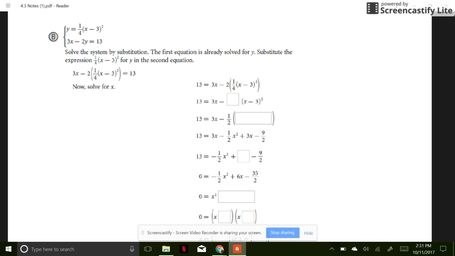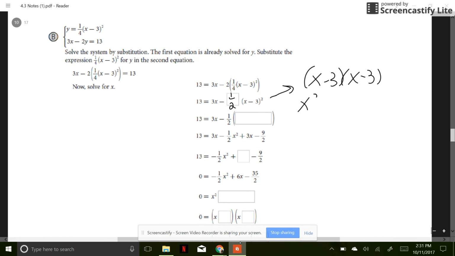So we have 13 is equal to 3x minus 2 times our value for y, 1/4 (x minus 3) squared. So as we multiply both of our pieces times 2, 2 times 1/4 would get us to 1/2. So from here, they expanded our (x minus 3) squared.